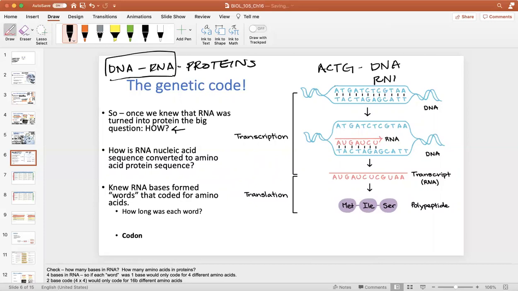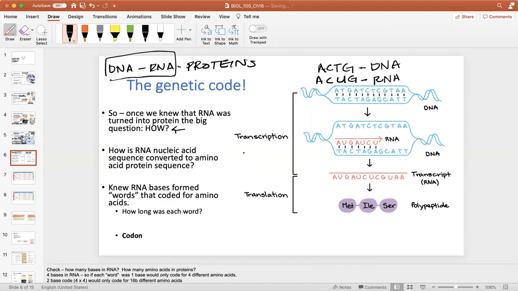In RNA, what we have are A's, C's, U's, and G's. So remember that in RNA, uracil is substituted for thymine. But we figured, we being scientists at the time, figured that the order of these bases must function like words in a sentence, and that these bases must function as the code that determines the protein, okay?